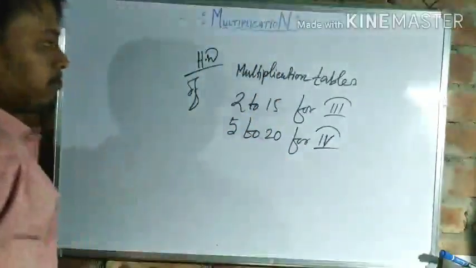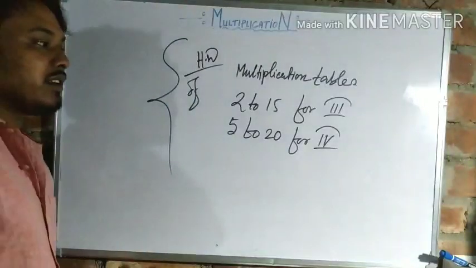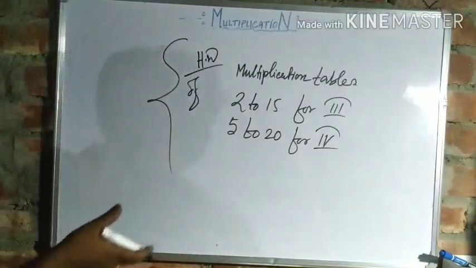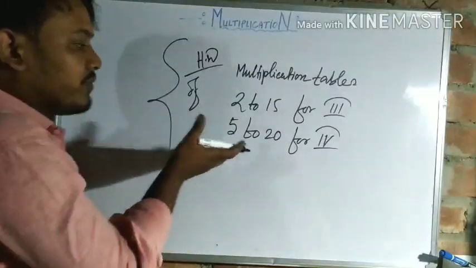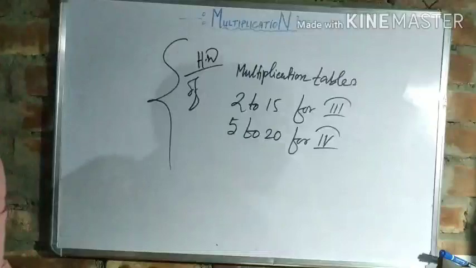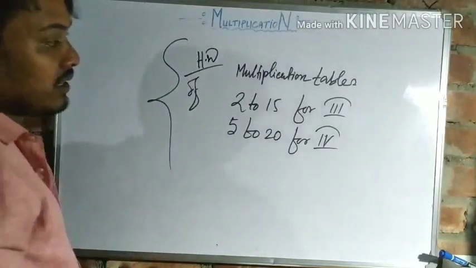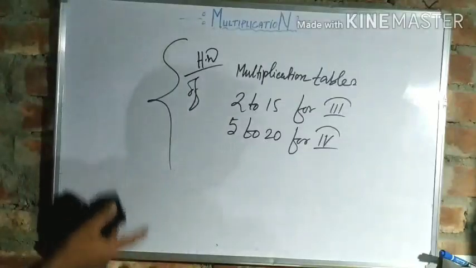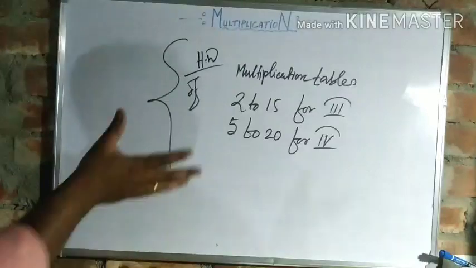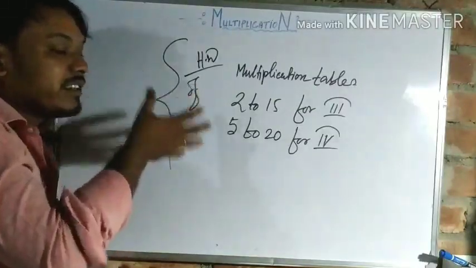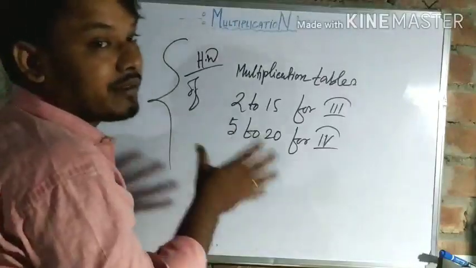It is a very important part of mathematical life, so everyone should read the multiplication table properly. Before you solve the exercises or start the chapter on multiplication, you first memorize the table.